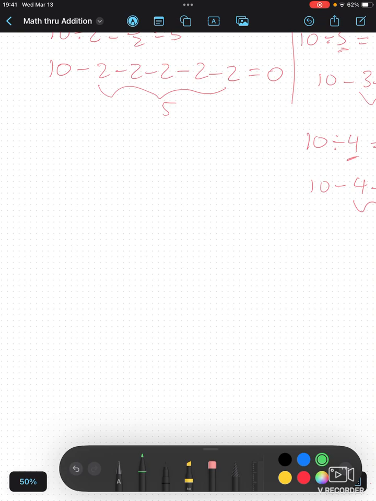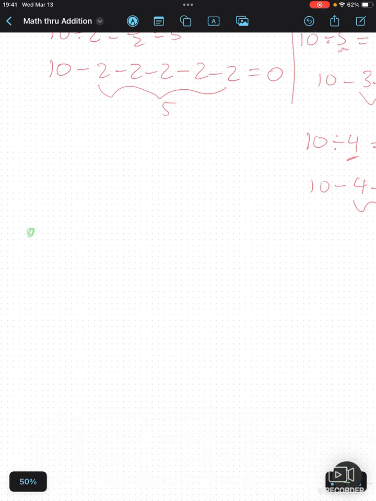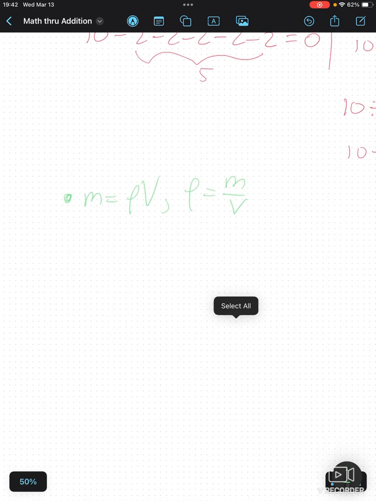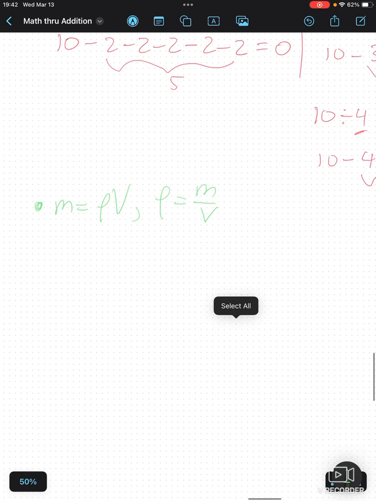Moving on, to put this into a physics perspective, we can say that mass equals rho times volume, or the density is equal to mass per some unit volume. Well, we can see that this is a multiplication problem. We just did multiplication before, so we already know this.